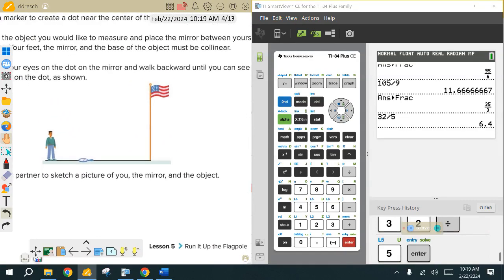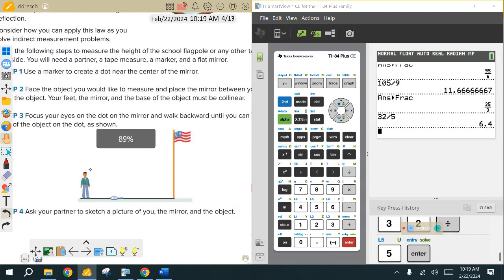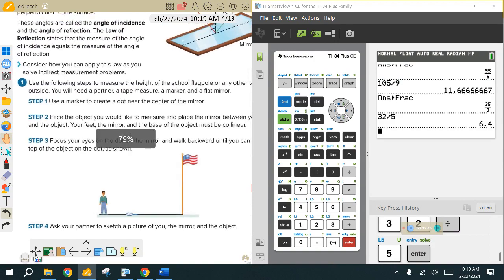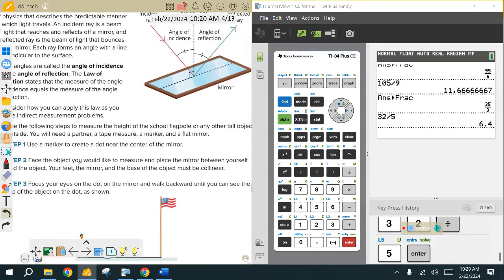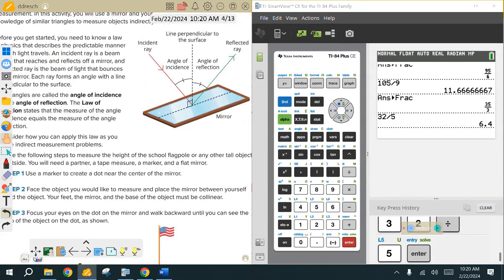All right. So we're going to talk about some indirect measurement, and we're going to talk about this mirror problem, where we can do some what we call indirect measurement. And what do we mean by that?